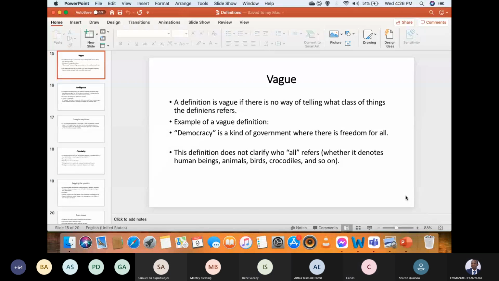Sir, can we also say that the vague is broad because of the all? Yeah, you can say it is broad, but it is broad in an extraordinary sense, because when you say freedom for all, you are talking about the entire universe.